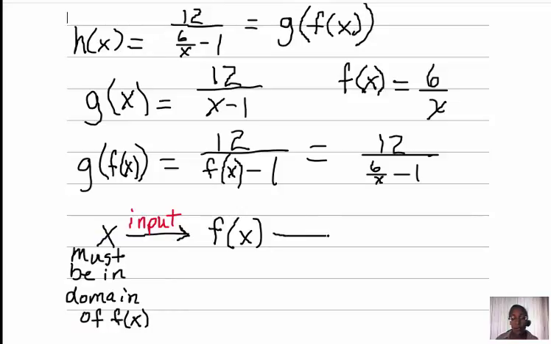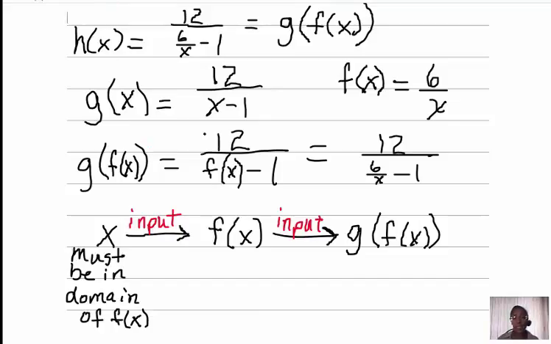All right, then when I get whatever f of x is, that's then going to go into g. So that's going to be my input into the function g. So first x is going to go into f and give me f of x. And then whatever f of x is, that's going to go into g so that I get g of f of x.